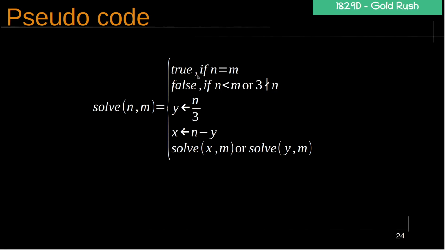The base case is we return true if n is equal to m. We return false if n is less than m. It's very obvious, it makes sense. Or if 3 does not divide n. Otherwise, we compute y, we compute x, and we solve x using m, or y using m. If one of them is true, the answer will be true.